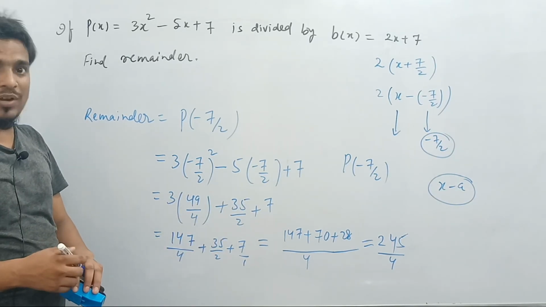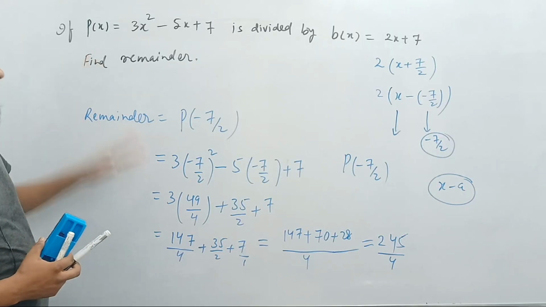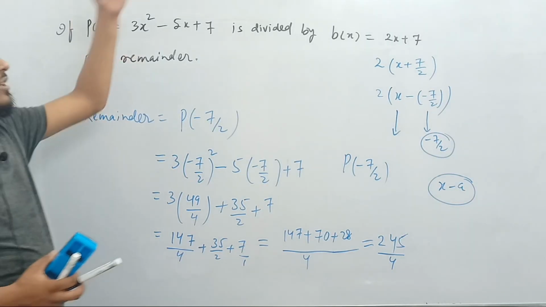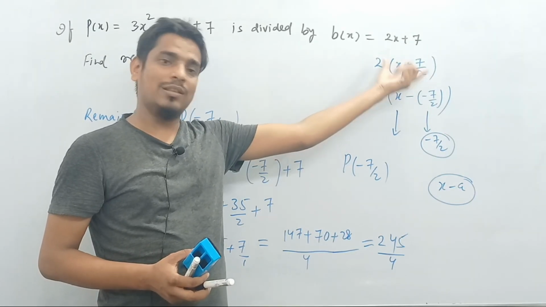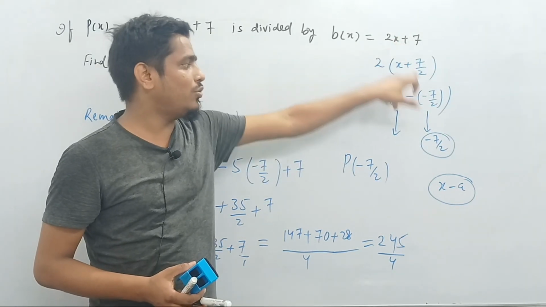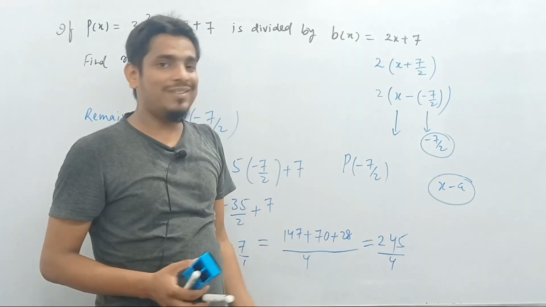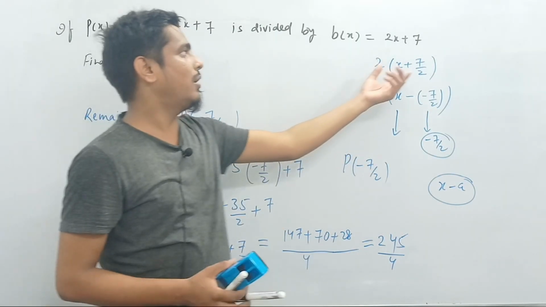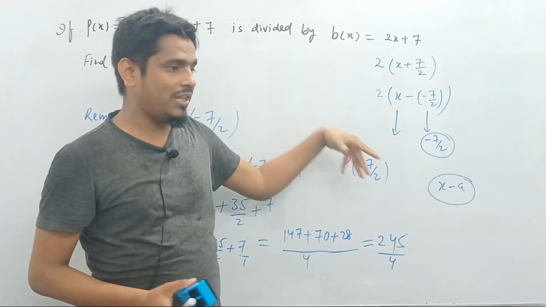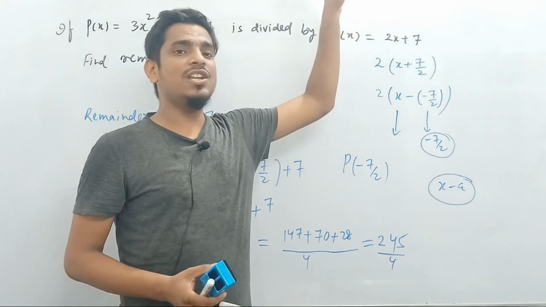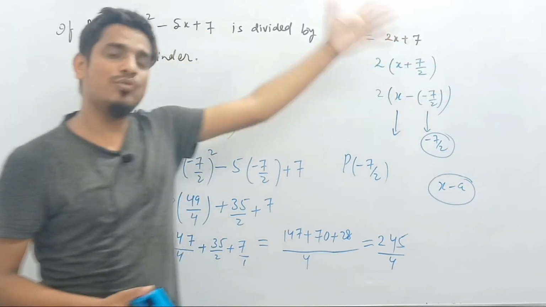So let's try one more example where we simply find the remainder by equating the linear factor to 0 and finding the value of x. That's the same thing as converting into x minus a form, but sometimes that is tedious, with taking 2 common and so on. So instead of doing all this, we can just equate the linear factor to 0, find the value of the variable, and then substitute that value into the given polynomial.